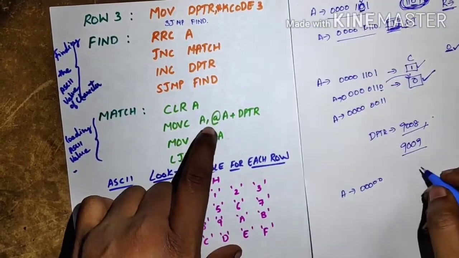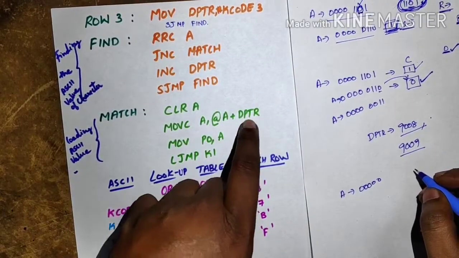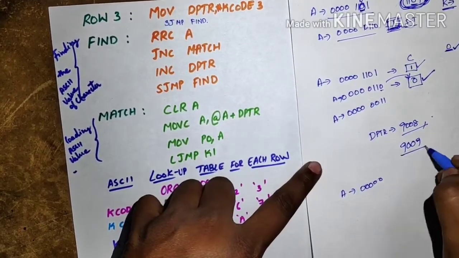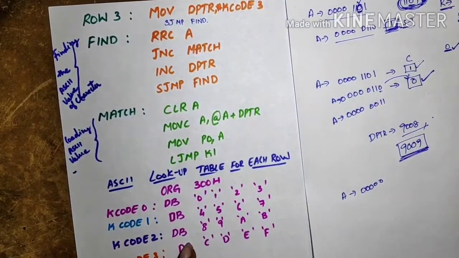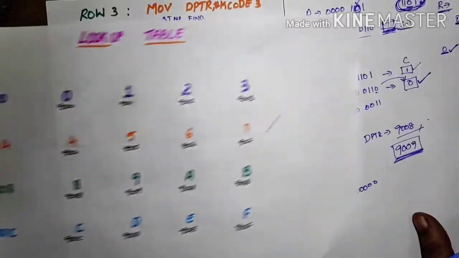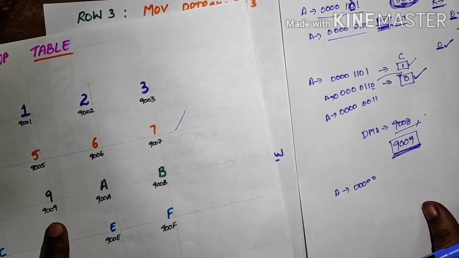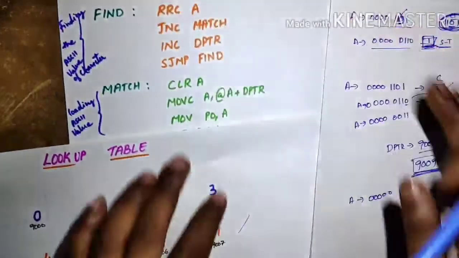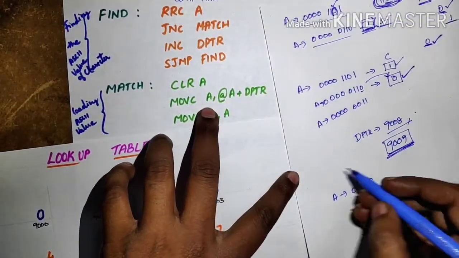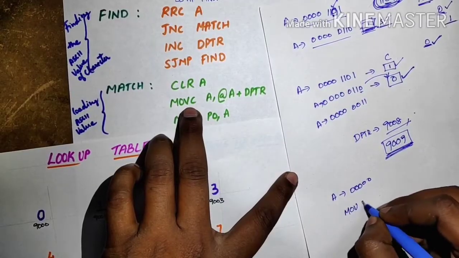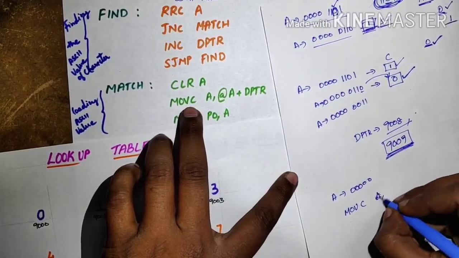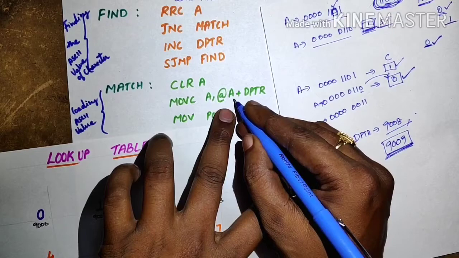And MOVC A, @A+DPTR. What is the value of our data pointer? 9009. So this particular 9009 value will be used. Here with MOVC we are moving the value to the accumulator.